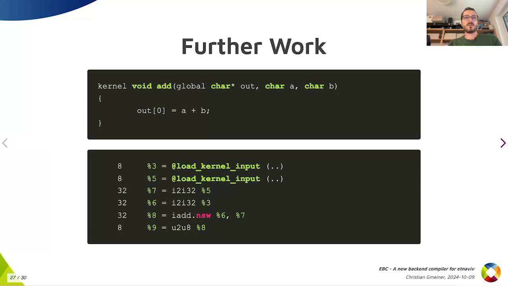These kinds of conversions are not needed, and the binary blob compiler does not emit them. It just works directly on the 8-bit data type for this example. So there's still room for improvement here.